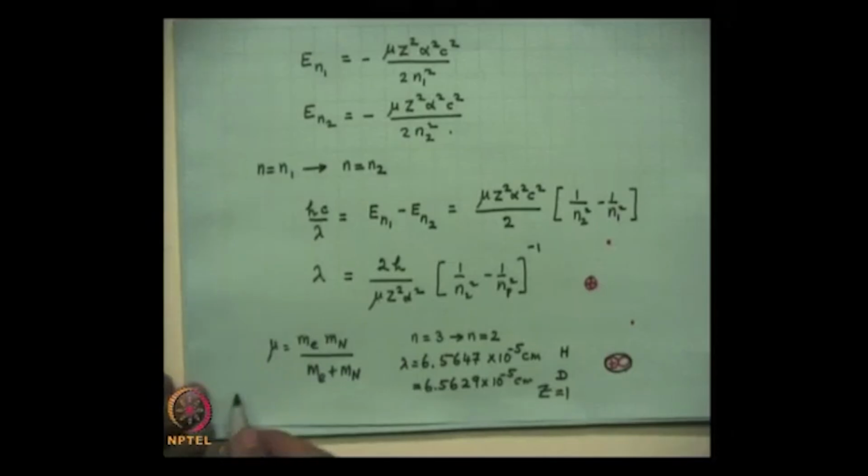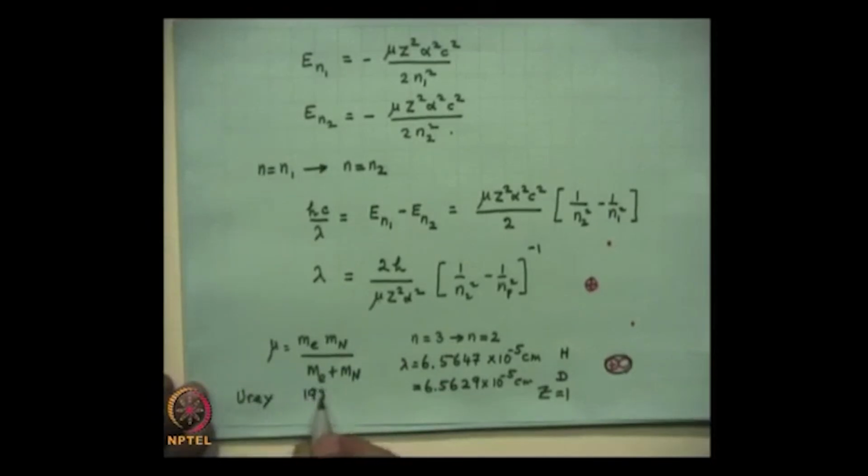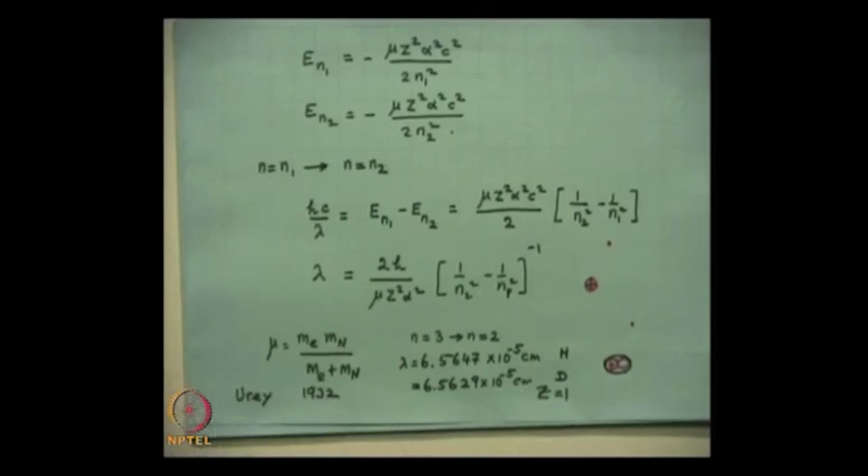And it was Urey, the chemist, in 1932 who discovered the presence of another line in the spectrum of hydrogen. They had similar lines as the hydrogen atom, but they were slightly shifted. He measured that carefully, and this was in the year 1932 when quantum mechanics was already discovered.